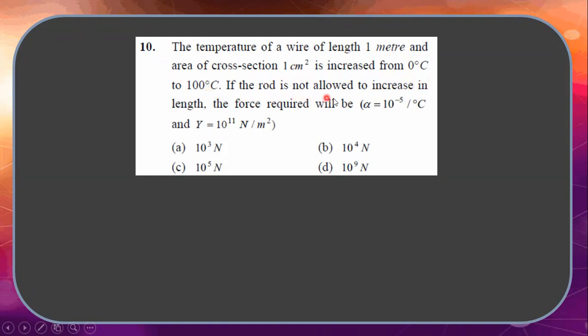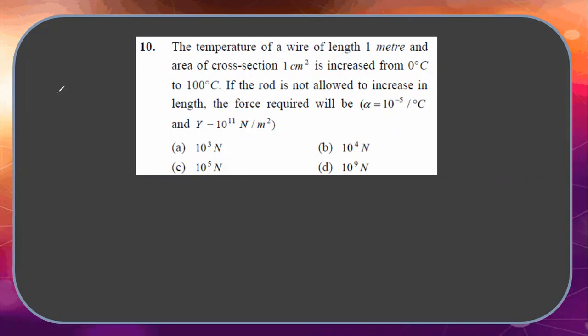If the rod is not allowed to increase in length, the force required will be, given the coefficient of linear expansion is 10 power minus 5 per degree centigrade and Young's modulus is 10 power 11 Newton per meter square. So we have to calculate the force needed.